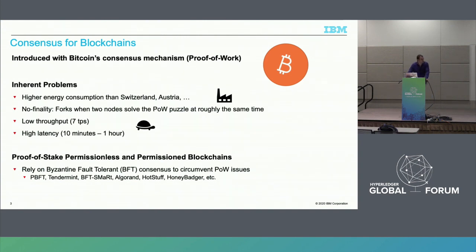The main idea there is to rely on Byzantine fault-tolerant consensus to circumvent proof of work issues, and then you have a bunch of protocols that are employed in different blockchains. This is the area where we have the bridging of the gap between permissionless and permissioned blockchains. Tendermint or Cosmos would use Tendermint BFT, which is exactly the same BFT that you could use in permissioned blockchains, if you weight votes by stake.